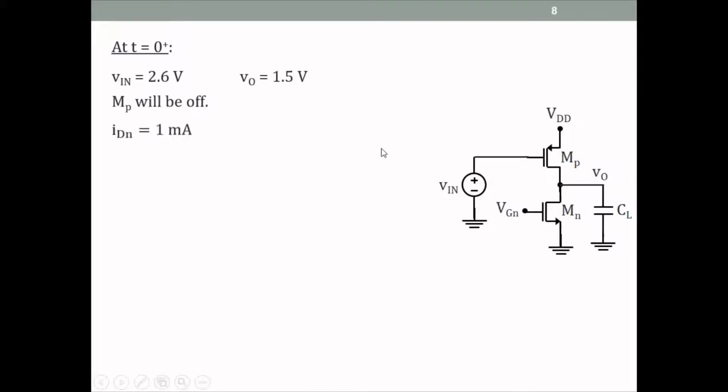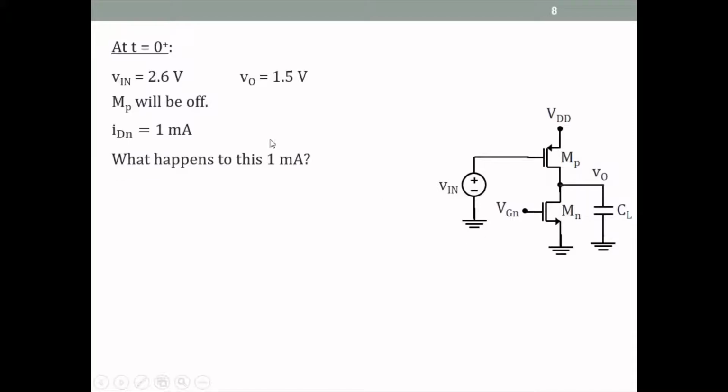MP is off. MP has turned off because the gate source voltage is equal to the threshold voltage. The drain current of Mn is still 1 milliampere. Why? Because the output voltage is 1.5 volts, so Mn is in saturation, and it carries a 1 milliamp current.